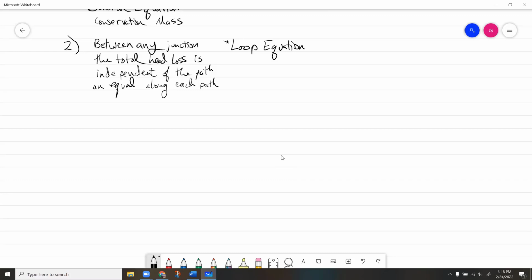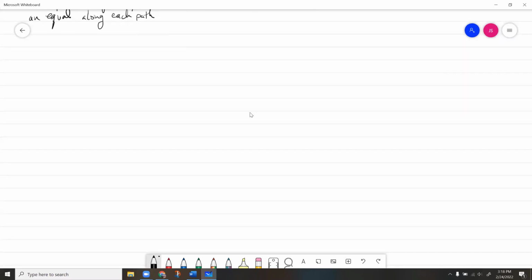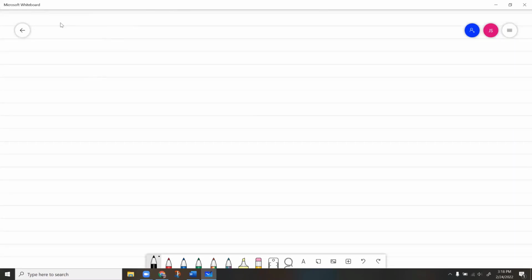Okay, so let's look at another conceptual example and think about this a little bit more. And I'll draw a different pipe network here. So we'll just have pipe coming in, and then there's a loop that meets back over here.